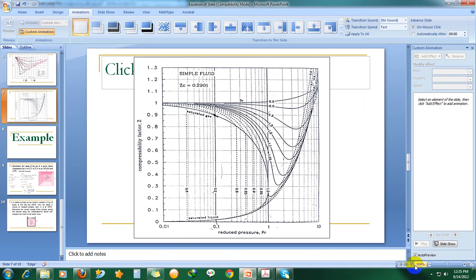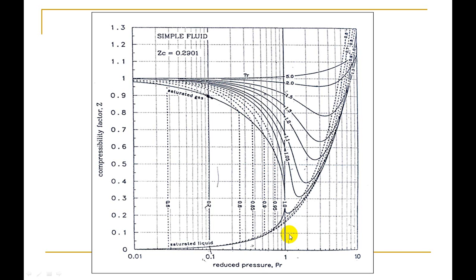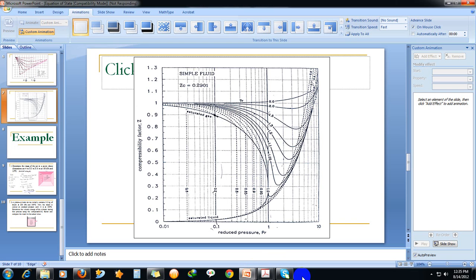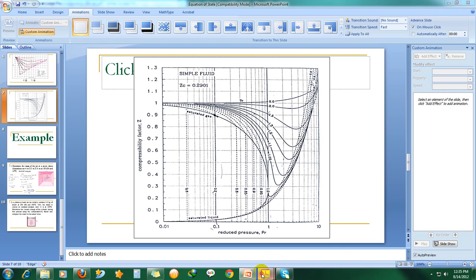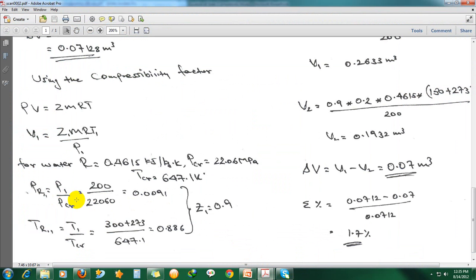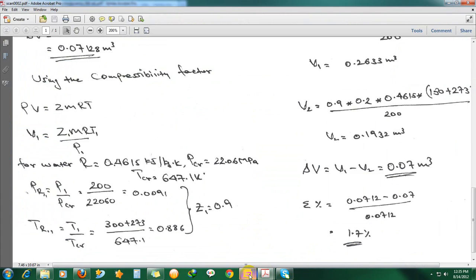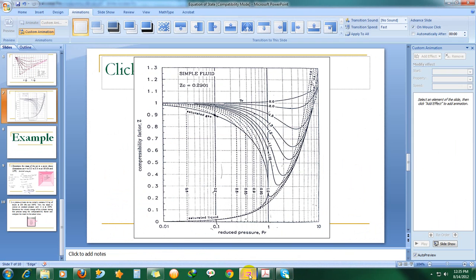In this chart, let me remind you the values: PR is 0.0091 and TR is 0.886.